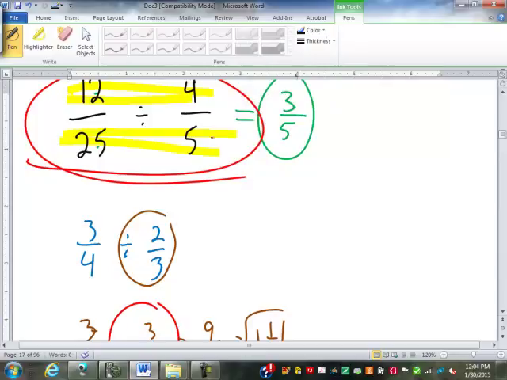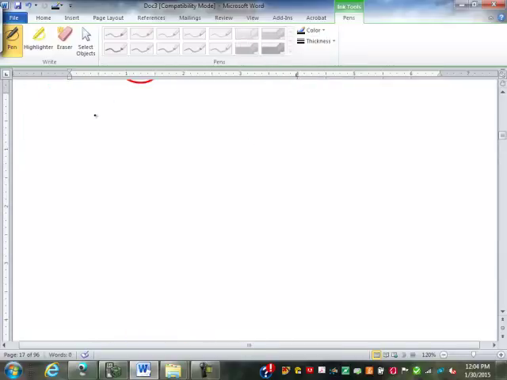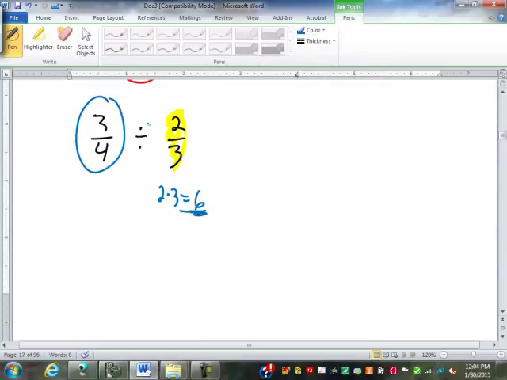Let's look at that 3/4 divided by 2/3. One of the alternative methods of dividing fractions involved looking at this fraction that you're dividing by, the 2/3. And you would take the numerator times the denominator. 2 times 3 is 6. And you would use that 6 to rename the first number.